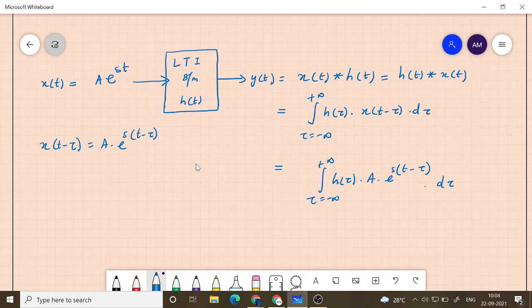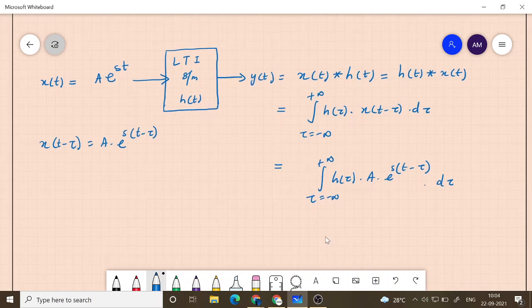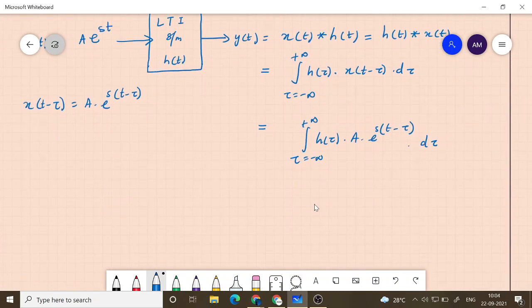Now tau is the variable of integration, t is not a variable of integration. So what I can do is pull e raised to st and even the constant a out of this integral.